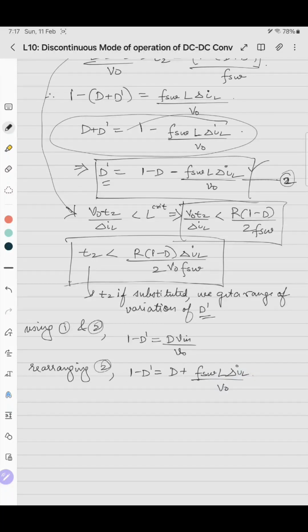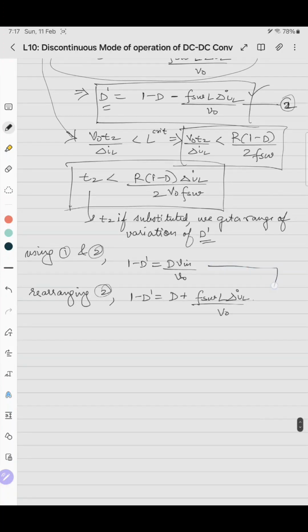This is after rearranging. So equating this, we get D into V in by V naught equals capital D plus F switching into L into delta IL by V naught.